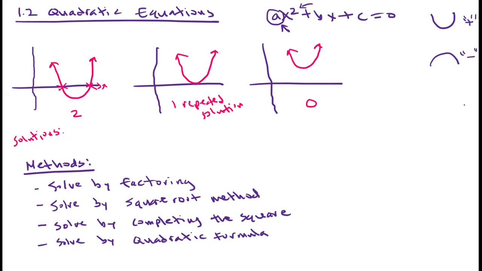Let's look at some examples. This one's a simple one. We want to solve this by factoring, and let's say we have x squared plus 6x plus 8 equals 0.